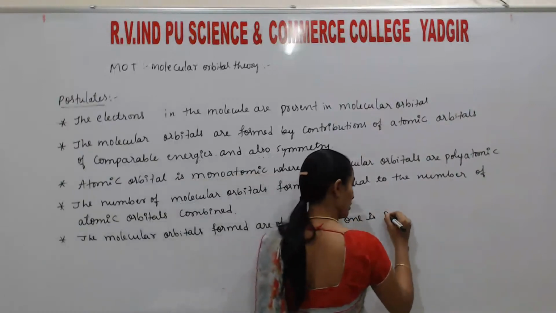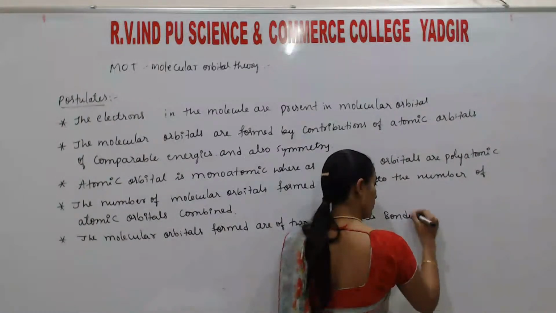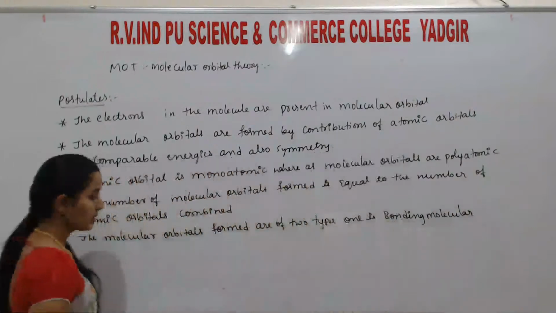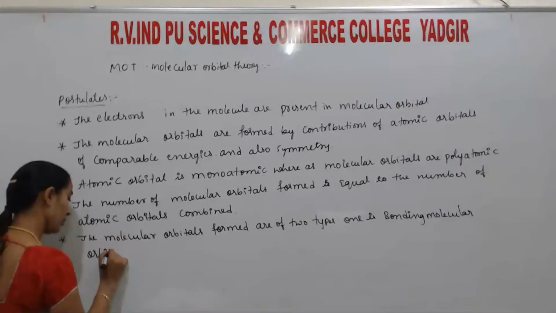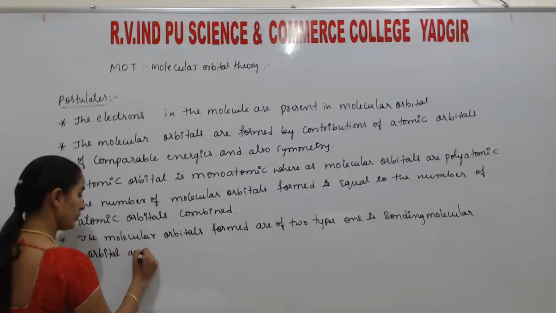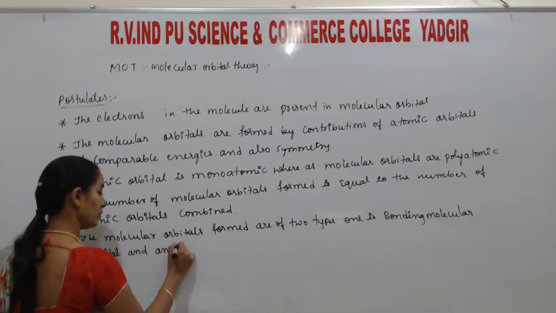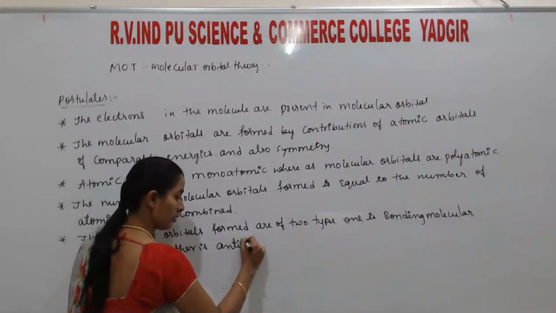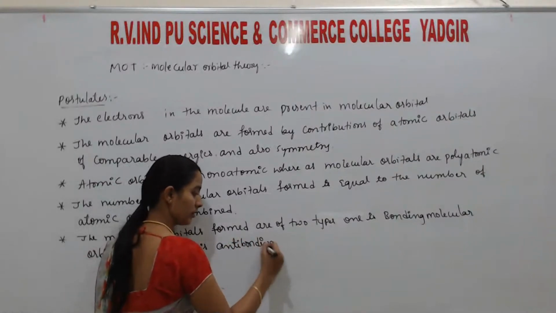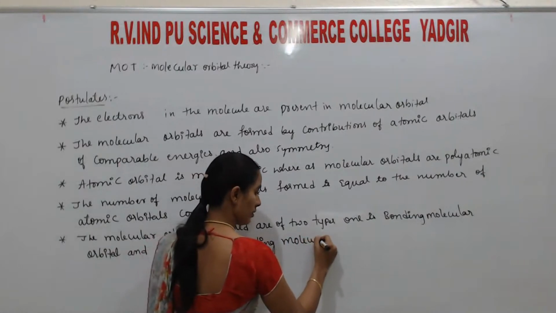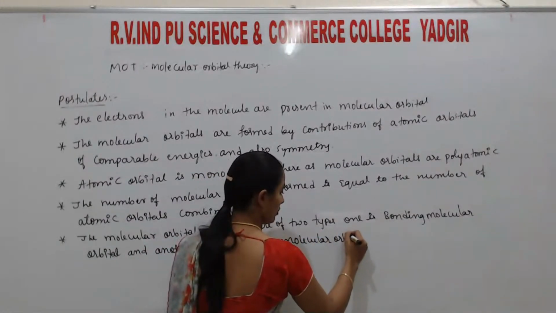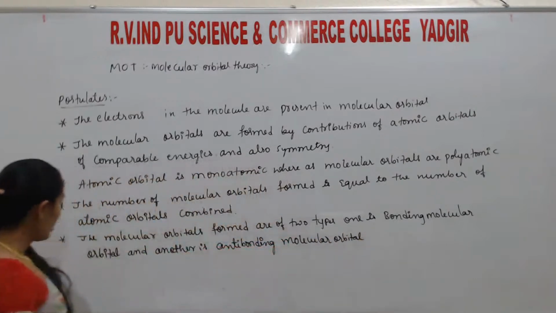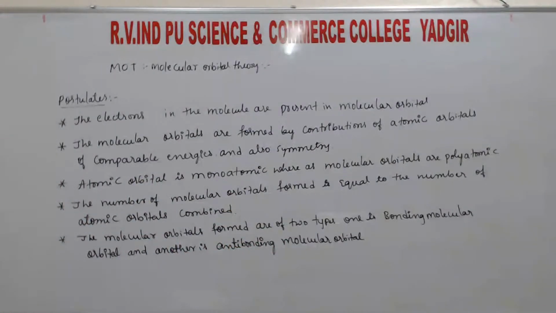One is bonding molecular orbital and another is antibonding molecular orbital. Bonding molecular orbital and anti-bonding molecular orbital.